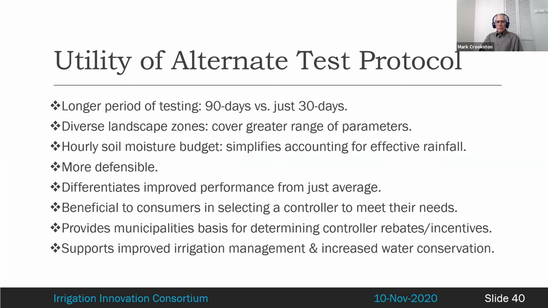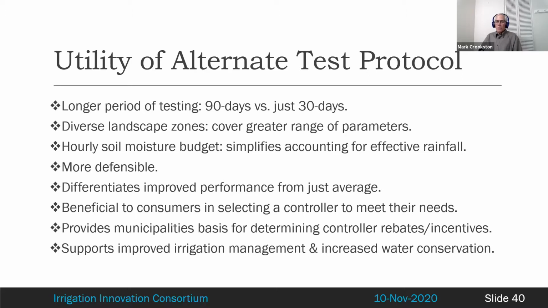Now the utility of alternative test protocol number 2. It provides a longer test period, yes, and it evaluates more parameters than are required in test protocol number 1. But the WaterSense label that all 22 controllers had means that they're capable of meeting performance targets over a 30-day period.